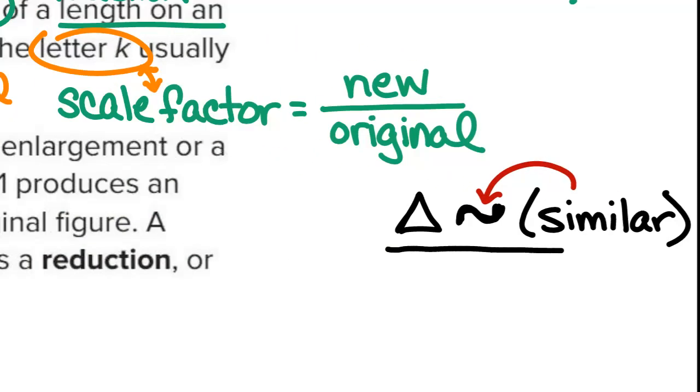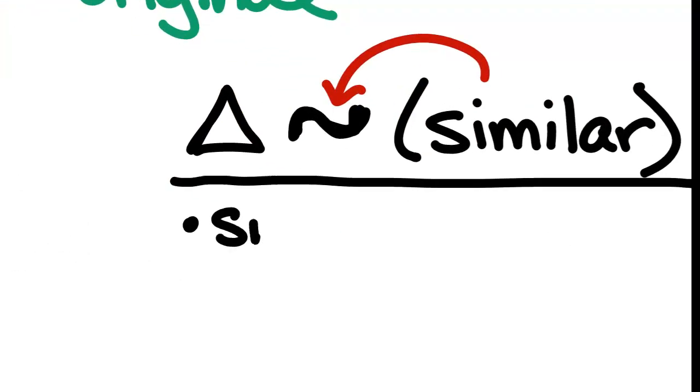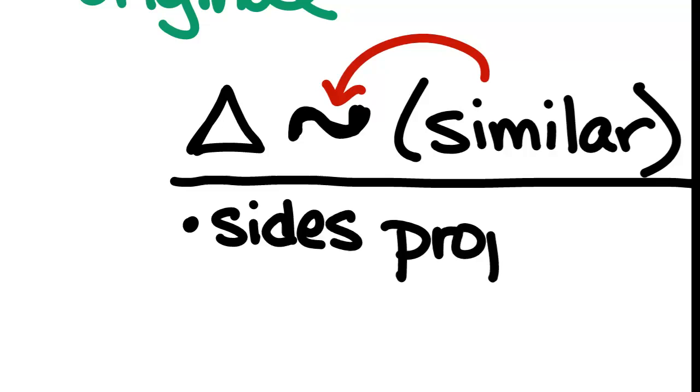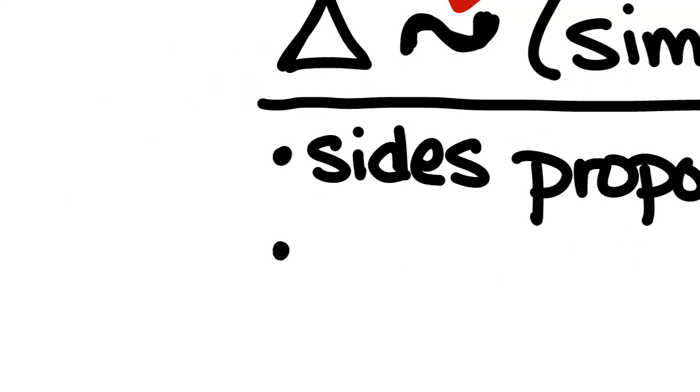If I have shapes that are similar, their sides will be proportional. And their angles will be congruent.